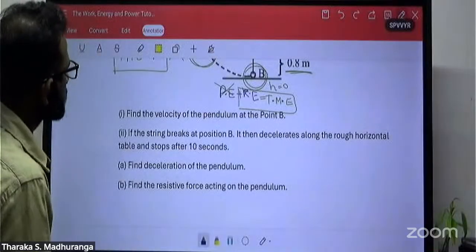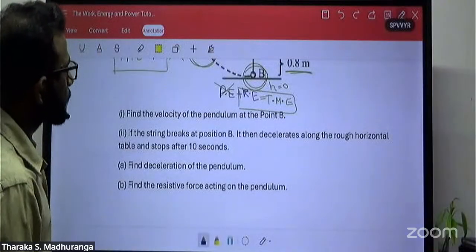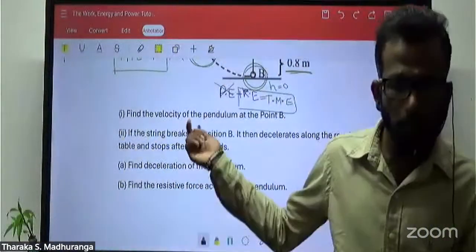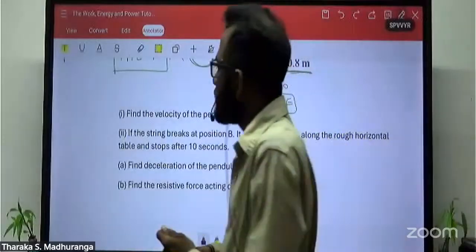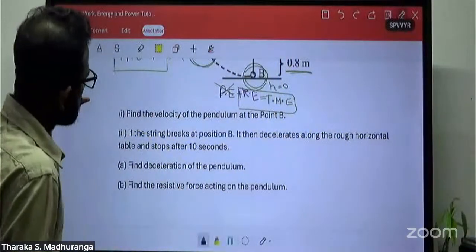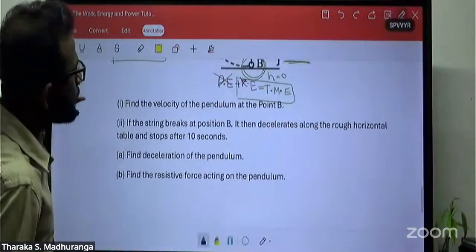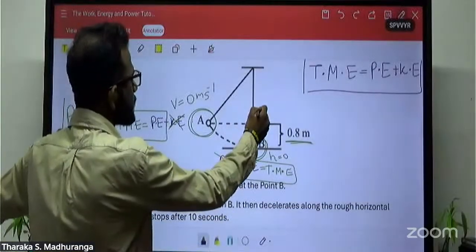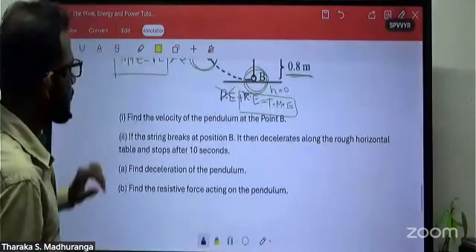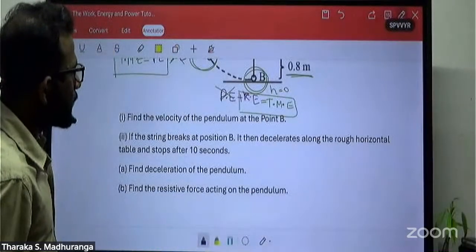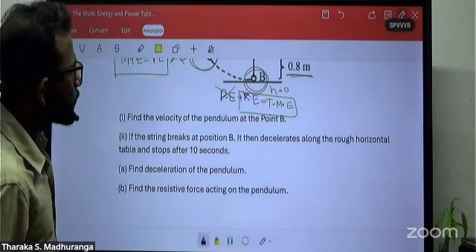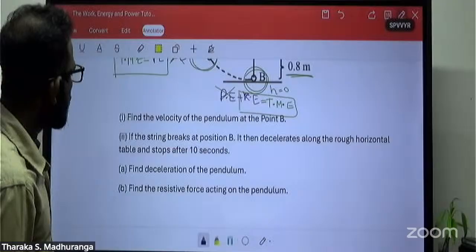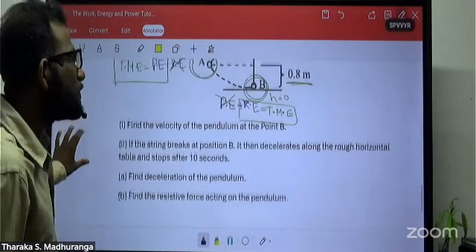Okay. If the string breaks at the point B, if mass is given in the question, probably in the next question that will be important. Okay, we'll see. If the string breaks at the point B, then the pendulum decelerates along the rough horizontal table and stops after 10 seconds.